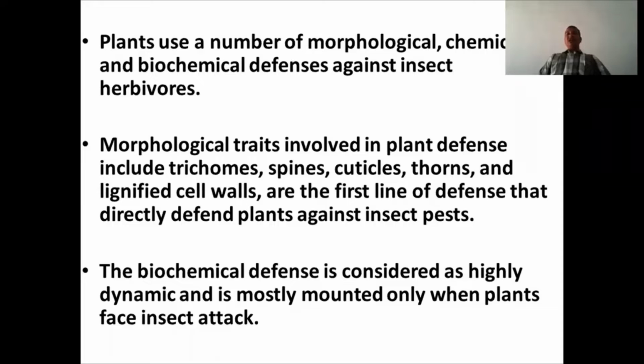Spines or thorns generally make trouble for any herbivore. For example, if a herbivorous animal is going to feed on the plant, the thorns or spines will prick and the animal will be unable to feed on that particular plant.